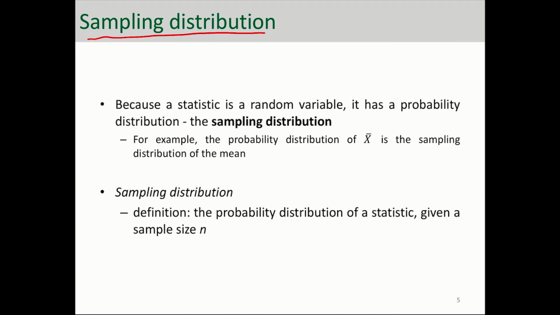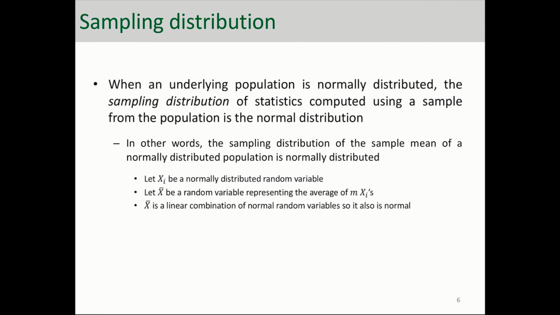In fact, the probability distribution of x bar that we just looked at is called the sampling distribution of the mean. And this sampling distribution depends on your sample size, and you will see how.